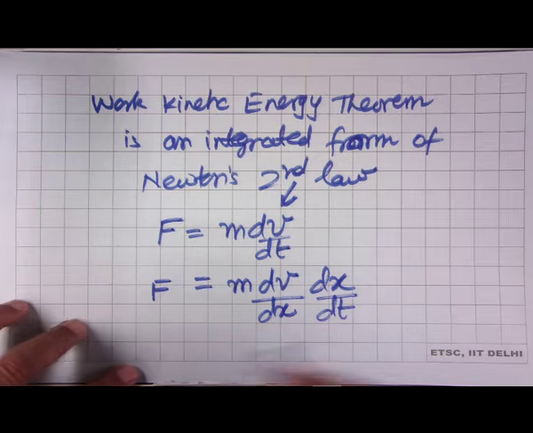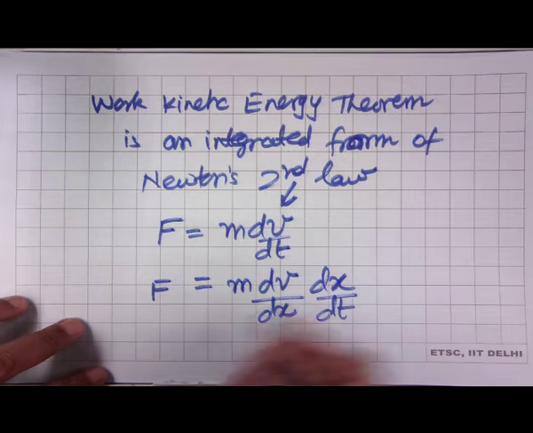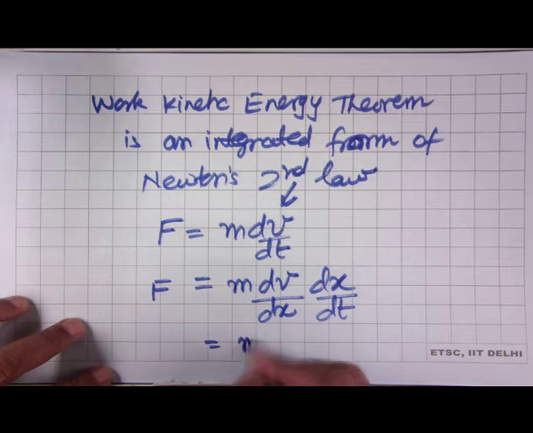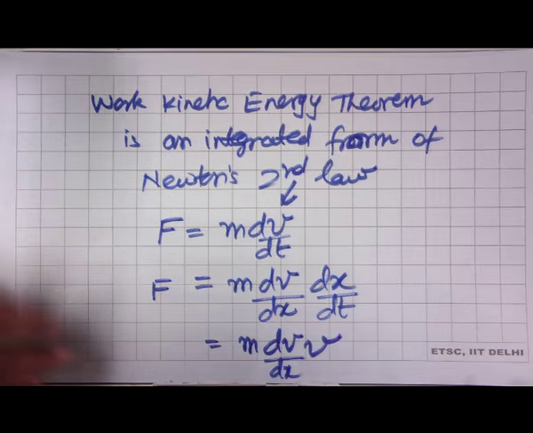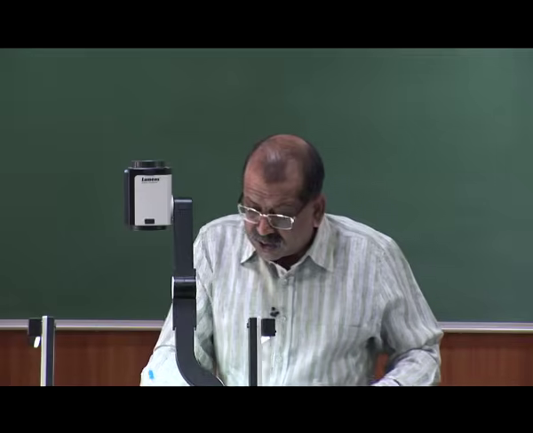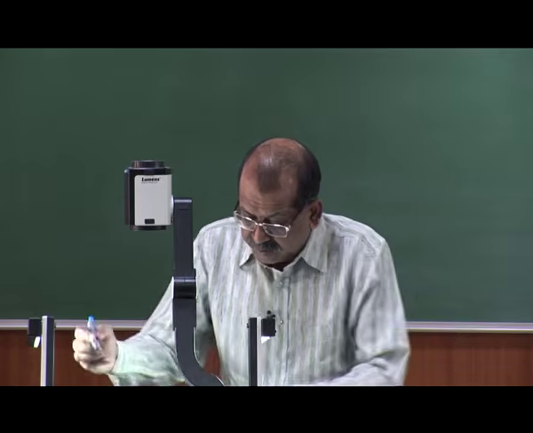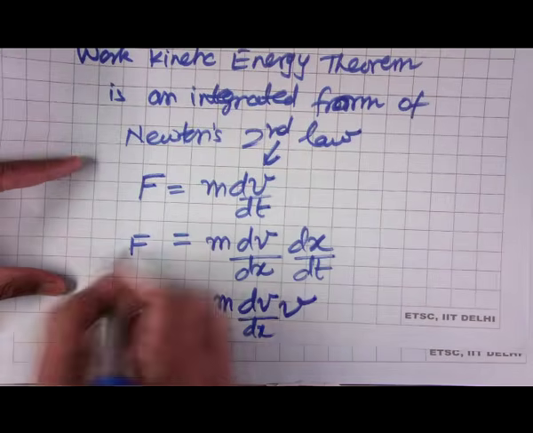Now, here we can write dx by dt as v, so we have m dv by dx times v, and then we take the dx on the other side.